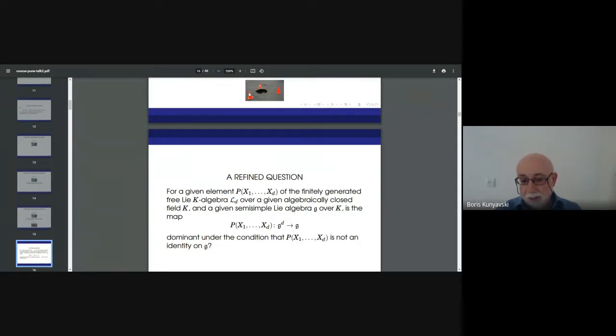As a result, I obtain some element of our original Lie algebra G. So it's a well-defined map. Of course, it's not a homomorphism of Lie algebras.